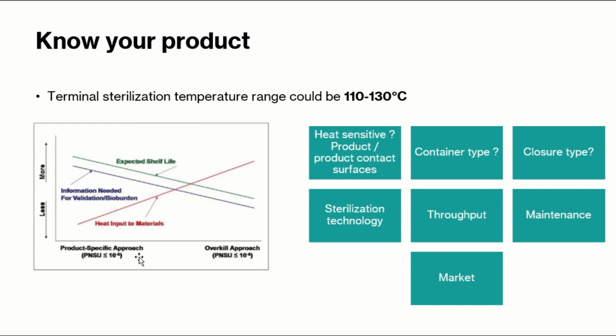Whereas in the product specific approach, the shelf life is better. The reason is you have more information about the product bioburden. So we sterilize, we challenge, we validate the cycle based on the understanding of the actual bioburden, but we're not really treating with the high standard biological indicator. So you see the heat input is quite high in the overkill approach, and that's how you expect the shelf life to decline.